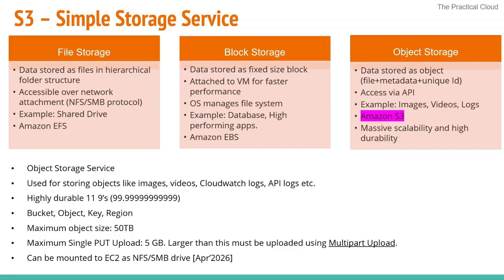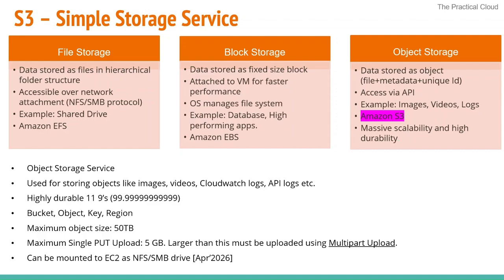Earlier the bucket name must be unique across the regions, but recently AWS made a change where you can create a bucket name unique to the region. That's an enhancement they have done to S3, where you don't need to maintain a unique name across the globe. You just need to maintain a unique name within that region, which is definitely a better way of creating objects, or rather buckets.